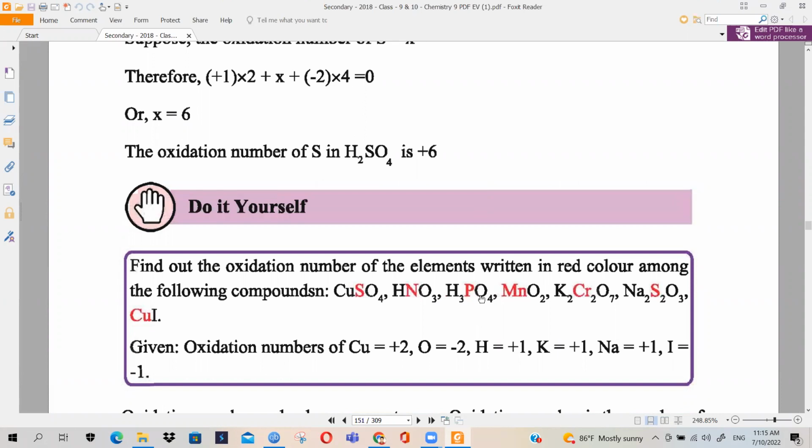So H3PO4, calculate the valency of phosphorus here, or the oxidation number of phosphorus here. Okay. H3PO4.